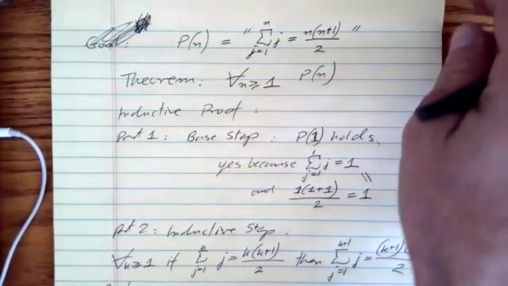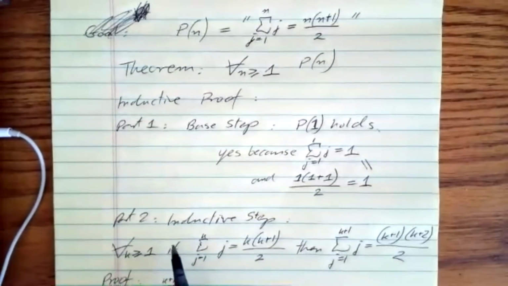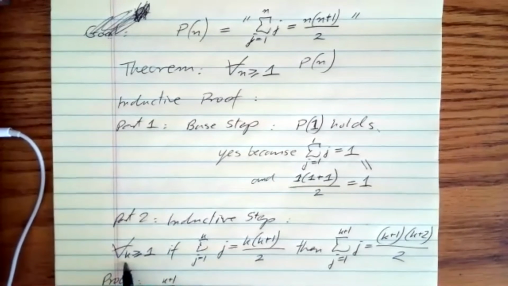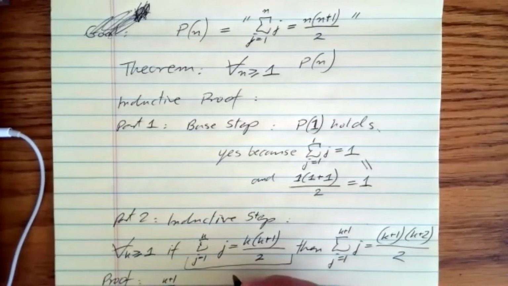All right, so let's move on to the inductive step. In the inductive step, you have to show that for any k, if, what is this? This is P of k. This is a predicate that says that this statement is true at integer k. And what is the statement at integer k? That the summation of the first k integers is equal to k times k plus 1 over 2.